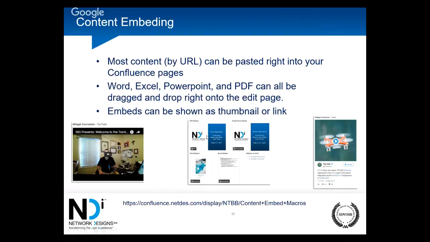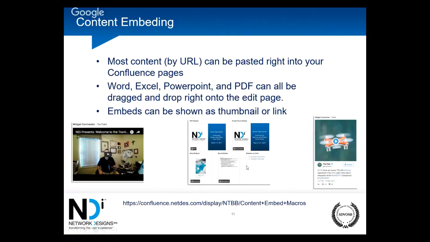In the case of a PowerPoint or other Microsoft type of document, you literally just drag it and drop it. And when you drop it in, Confluence automatically creates the embedded element for it using the appropriate embed macro.